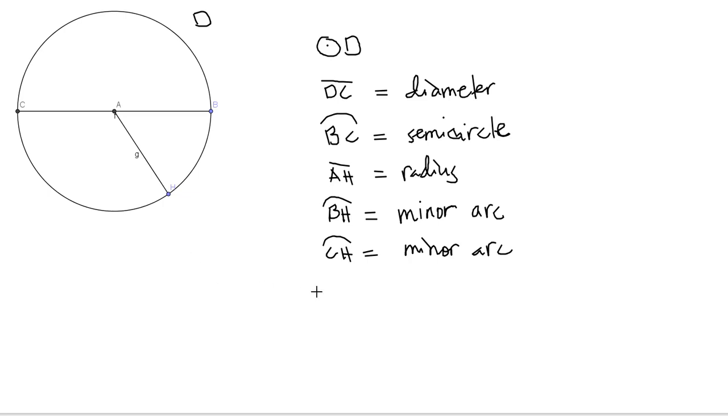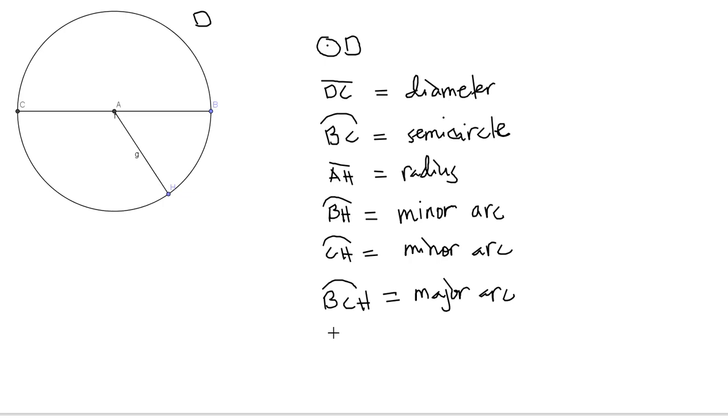But the arc BCH is what we call the major arc. How do we know? When it is more than the semicircle.